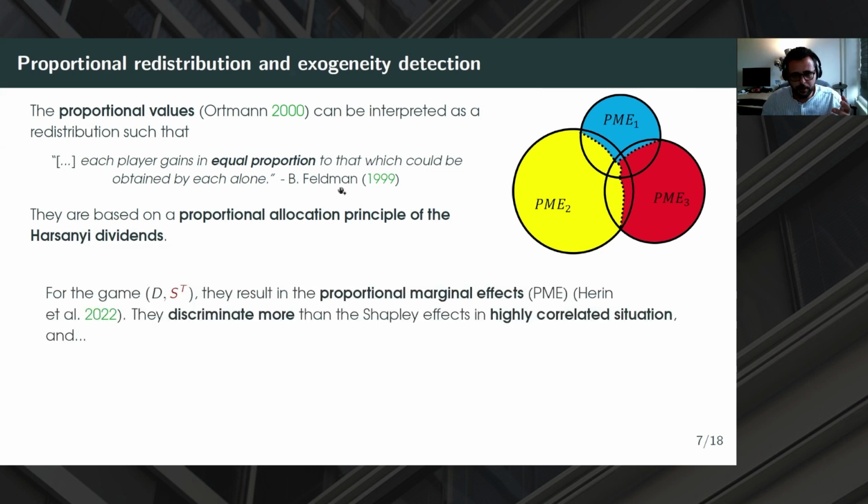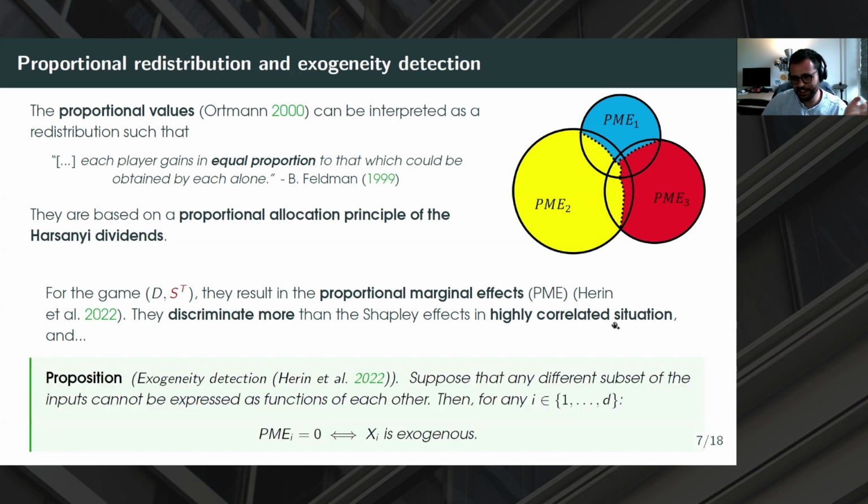When we apply those proportional values, there's a bit of work in order to apply them, and it resulted in what we call the proportional marginal effect. It was introduced by Margot Héran, in the work of her internship. She was my intern for a while. What we saw is that those effects, those indices, do tend to discriminate more than the Shapley effects in highly correlated situations.